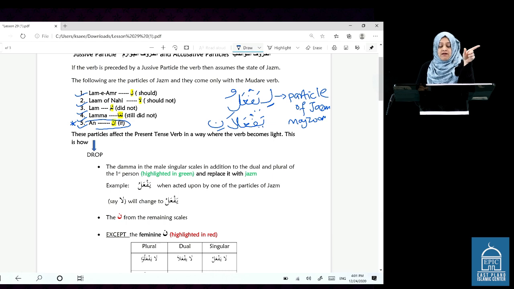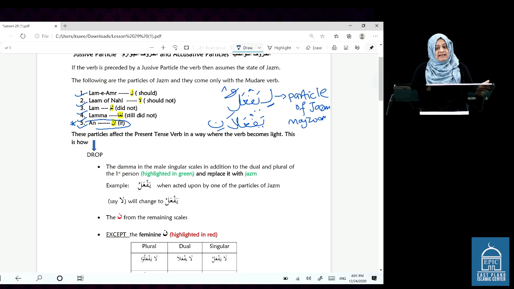Particle of jar makes the noun majroor. Particle of nasab makes the noun mansoob. So here, particle of jazm makes the verb majzoom. So dhamma is replaced and you have a jazm there. That's basically what the particle of jazm does.